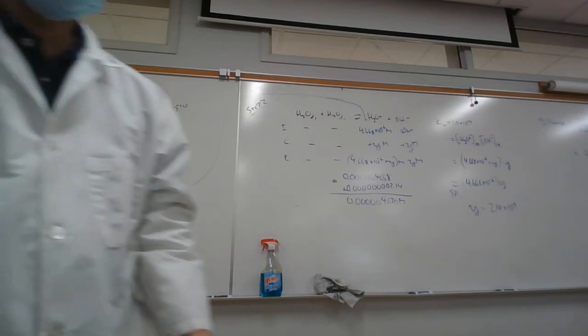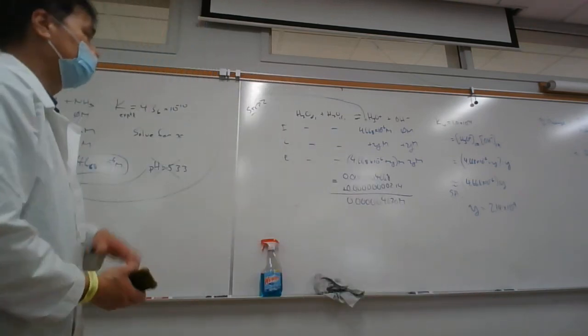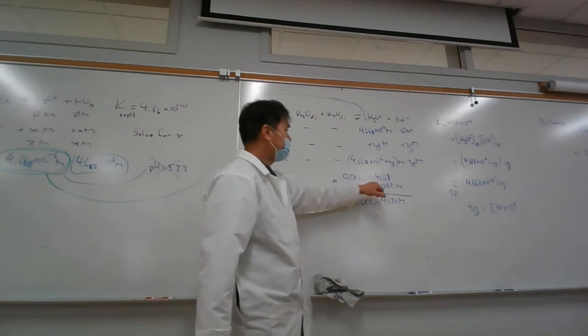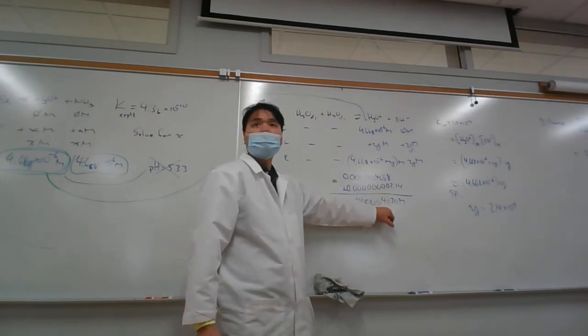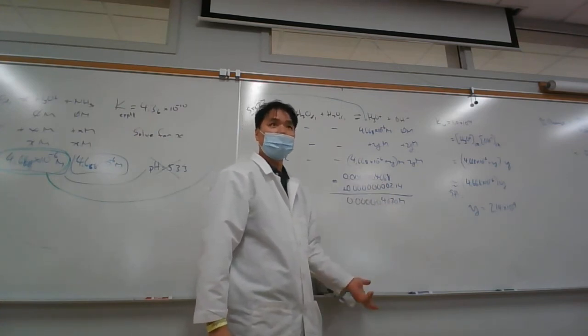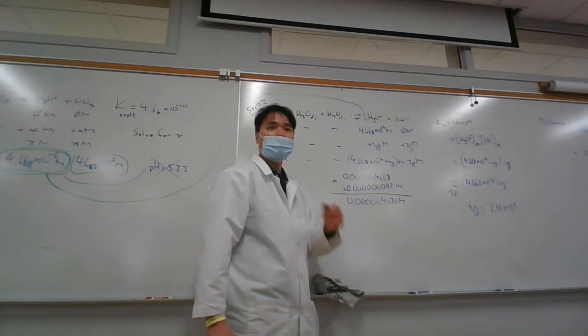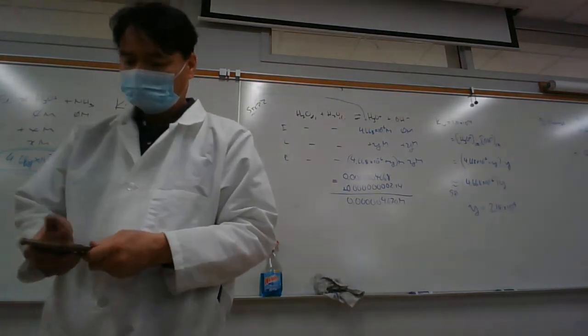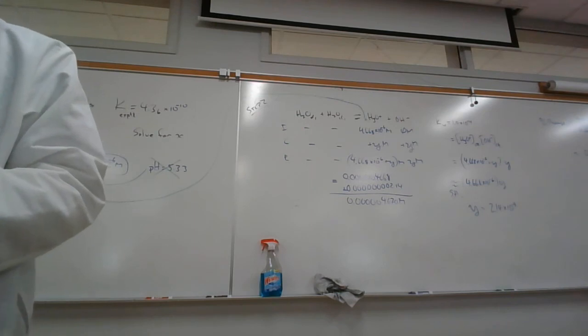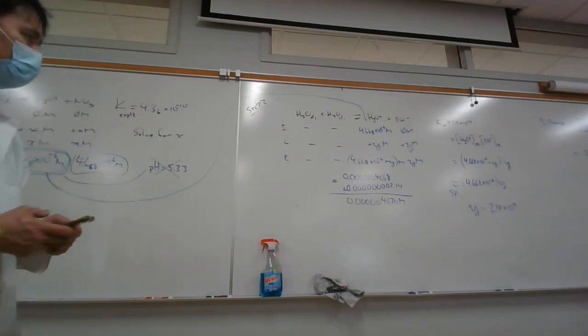So I went from 4668 to 4670. You know, I got a little bit more hydronium. Do you see that? In step 2. Okay, let's go ahead and calculate the pH now.